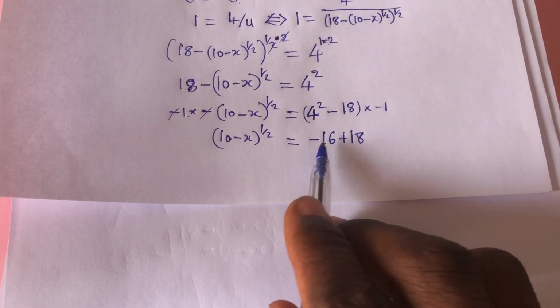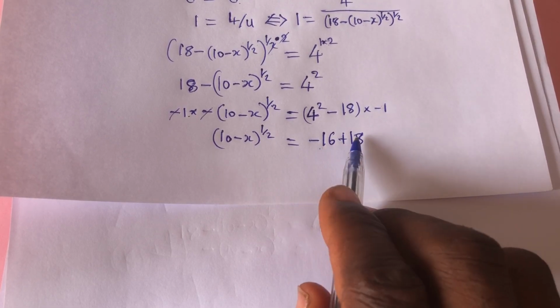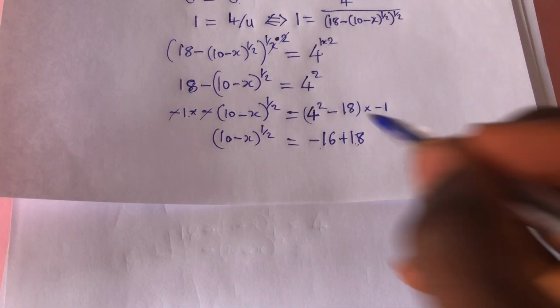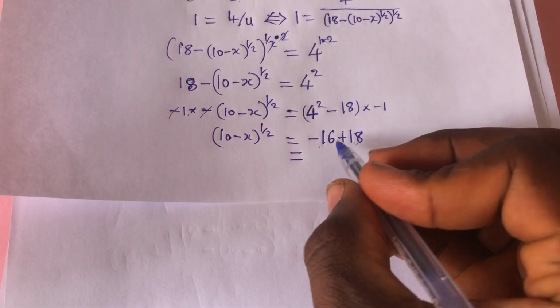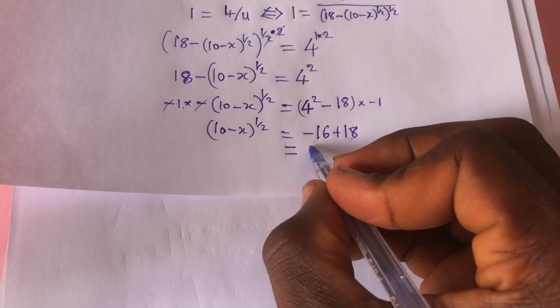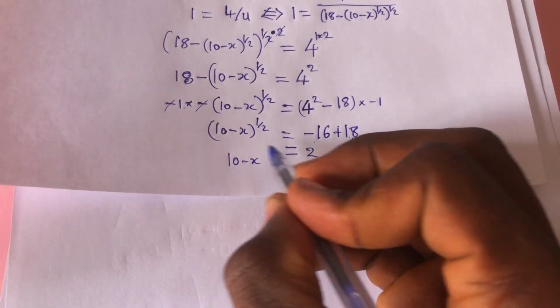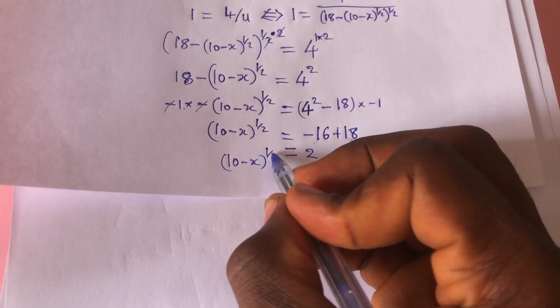And here we have minus 16 plus 18, which will give us 2, by saying 18 minus 16 is 2. And this is equal to 10 minus x, everything raised to power 1 over 2.